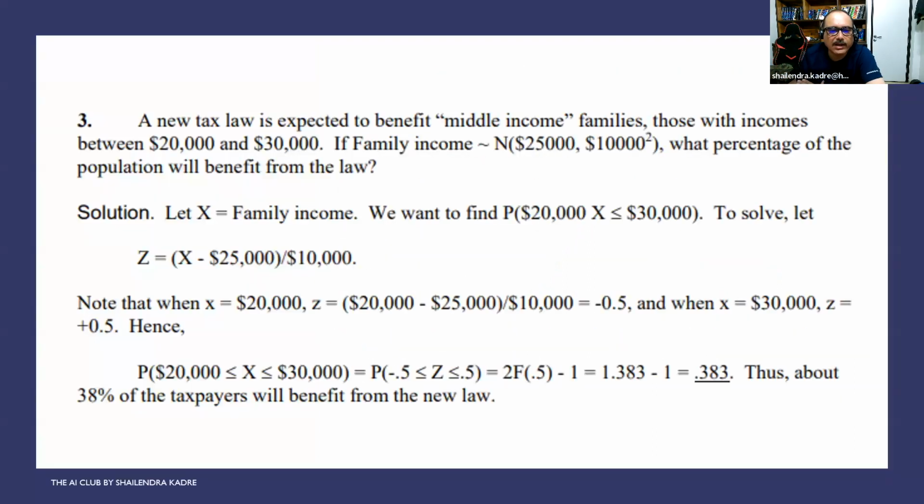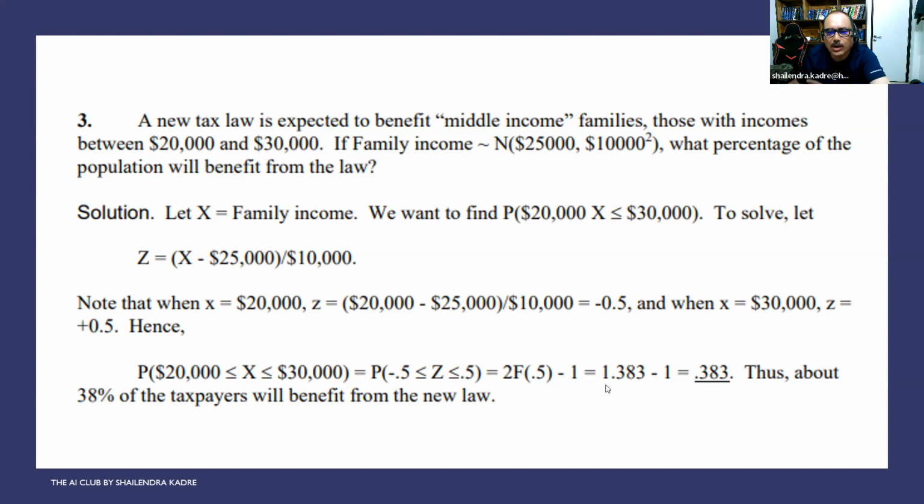So if you see the negative Z table, first for 0.5, you have to first see cumulative probability for 0.5 and then you have to see for minus 0.5 and see the area between them.